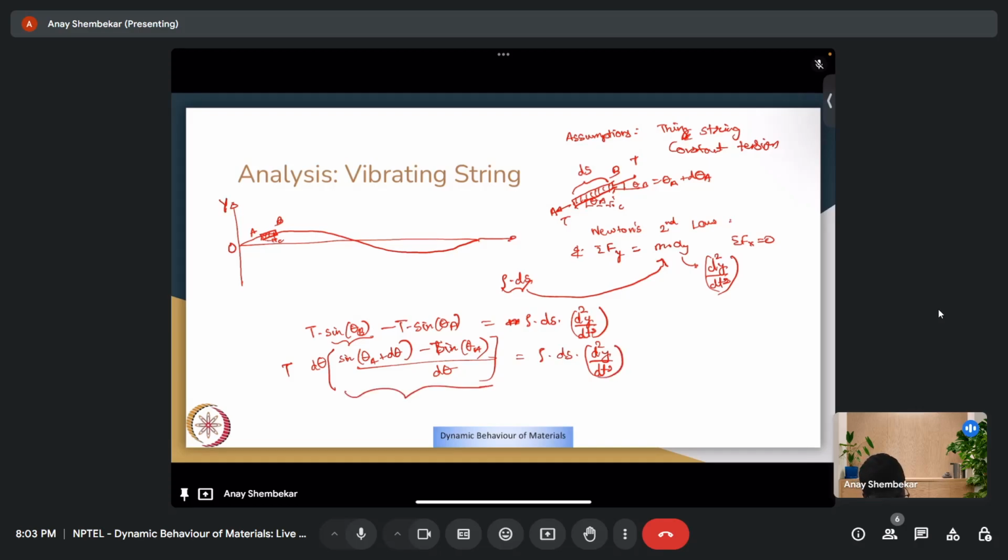This can be approximated to be the first derivative of sine of theta, which is cos of theta, assuming this string is infinitesimal, and that would give you d theta to be also infinitesimal. So you have T cos theta d theta equal to rho ds d square y by dt square.